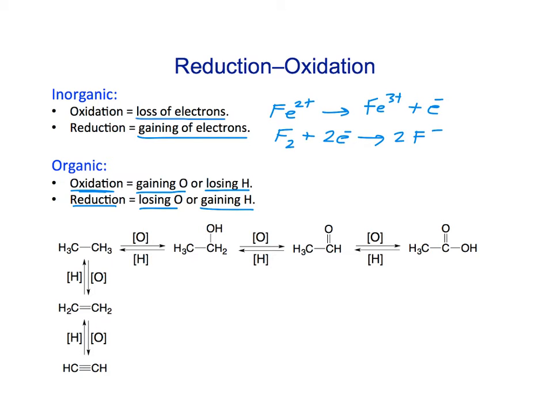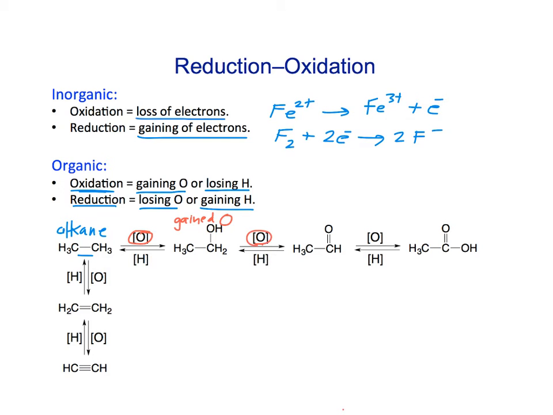In the figure at the bottom, I show two major oxidation reduction pathways, starting with ethane, an alkane, which is essentially the most reduced organic molecule. We can oxidize going to the right. So we're oxidizing here, and what's happened? We go from an alkane to an alcohol, and we gained an oxygen.